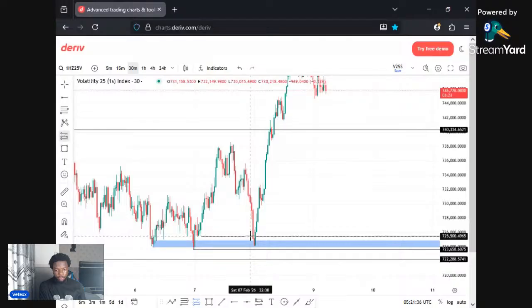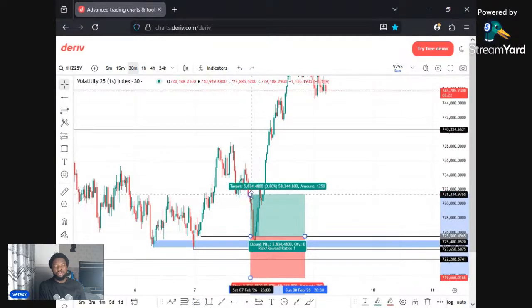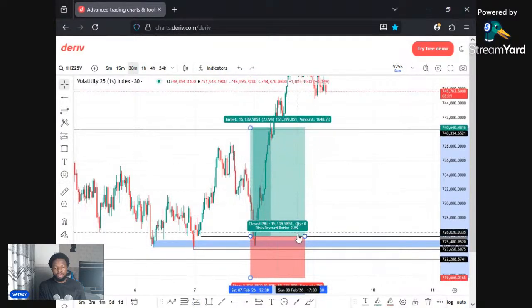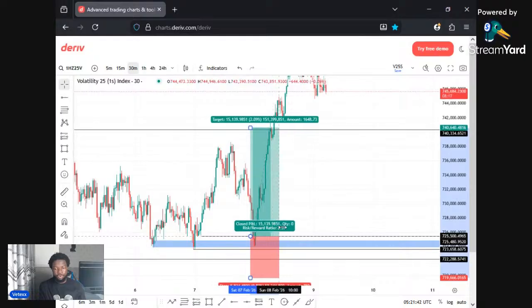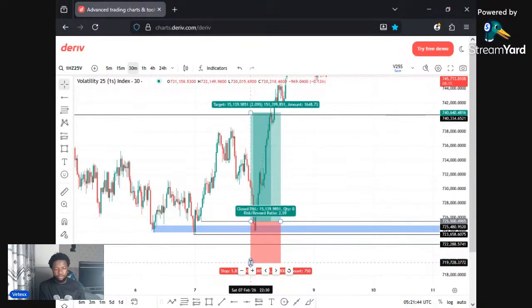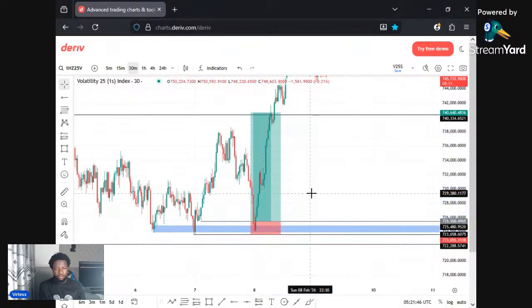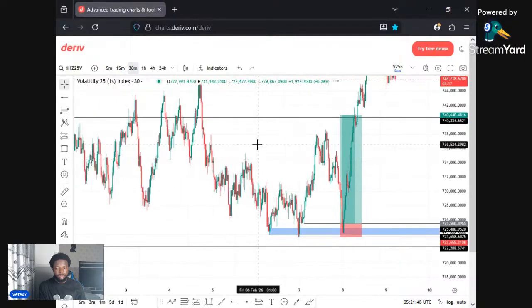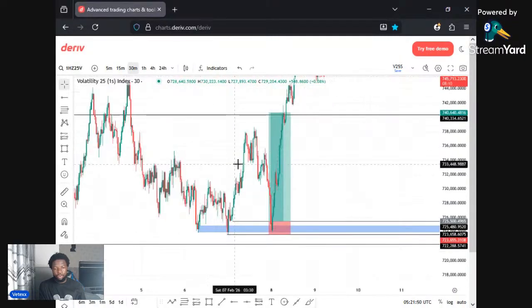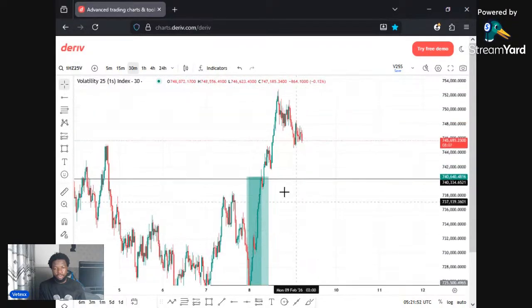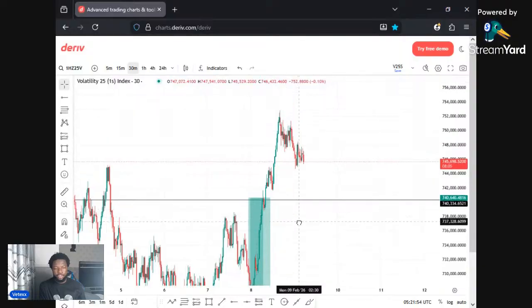And as price tap into the point of interest, move straight to the full target, which is here. So at this point, to anticipate more buy to the opposite direction.